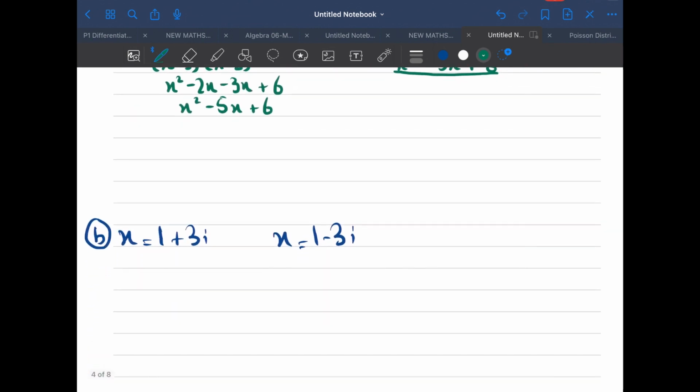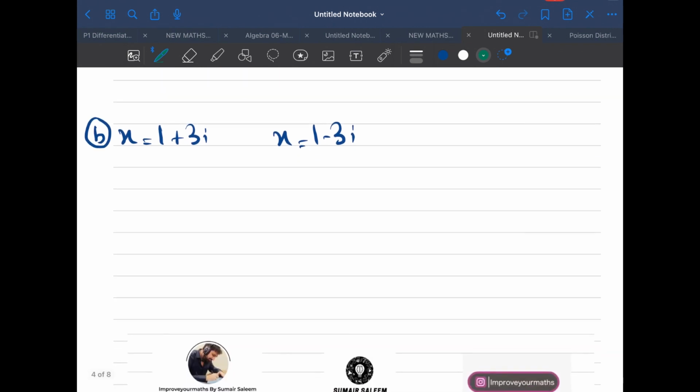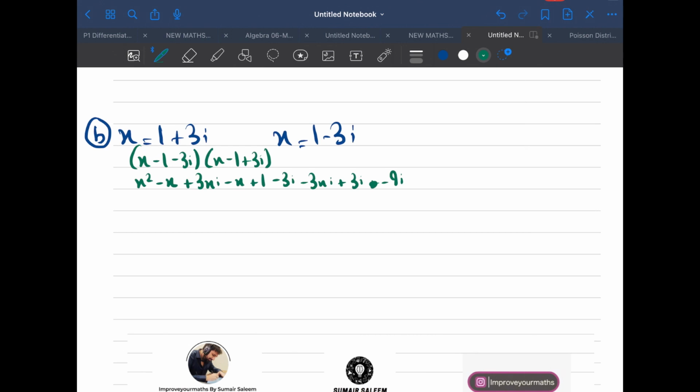Whenever I see two complex numbers and I need to form a quadratic equation, how will I do that? Instead of doing this method, x minus 1 minus 3 iota, then x minus 1 plus 3 iota, then multiplying it: x square minus x plus 3xi minus x plus 1 minus 3i minus 3xi plus 3i minus 9i square.